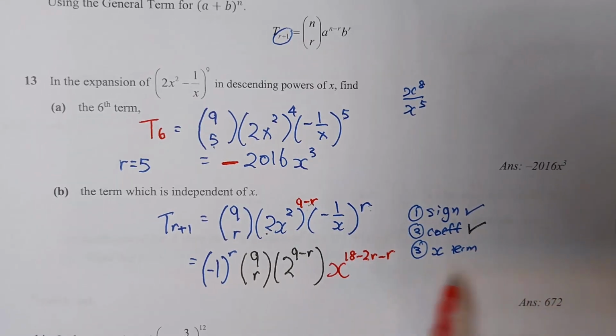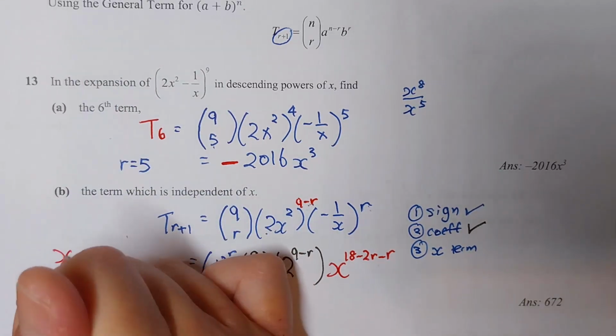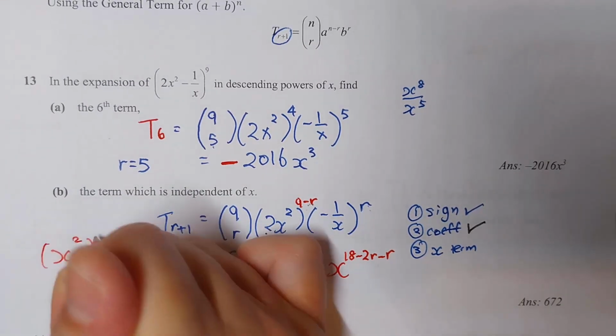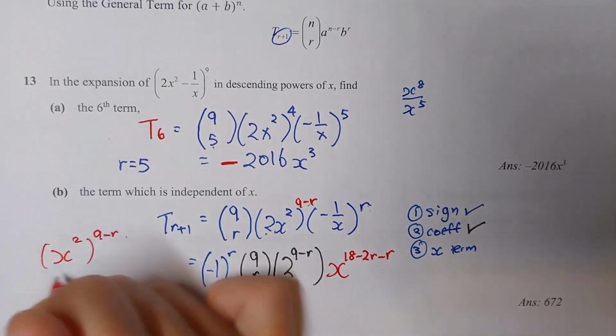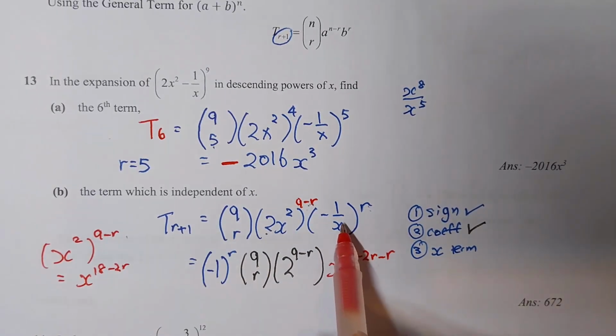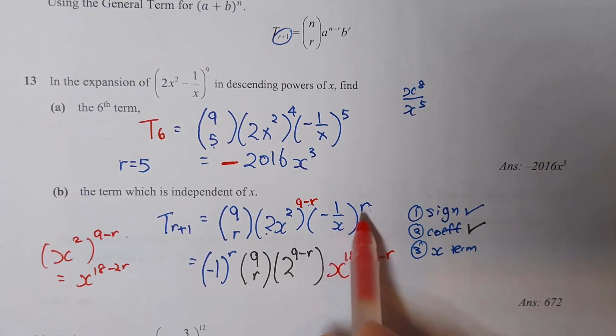So let me show you this clearly over here. Why is it minus r? So here I will have x squared power 9 minus r, and that will give me x power 18 minus 2r. And I will also have over x power r.